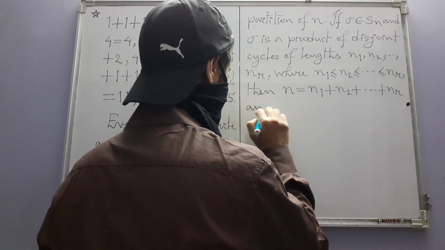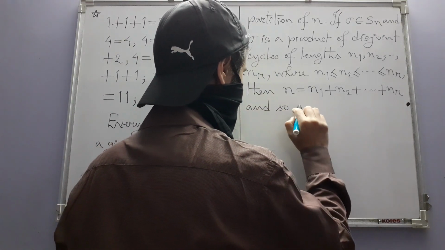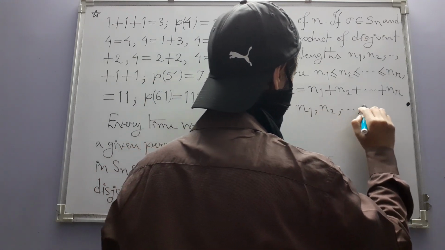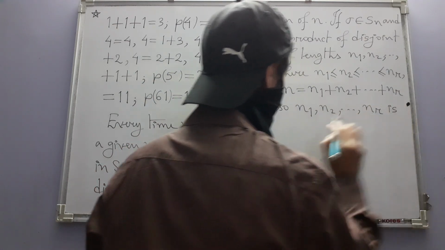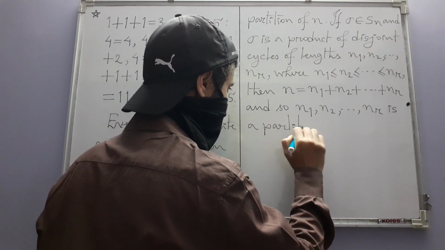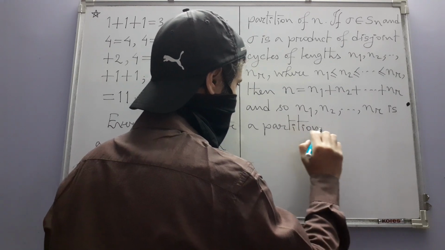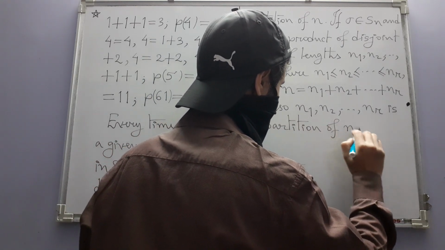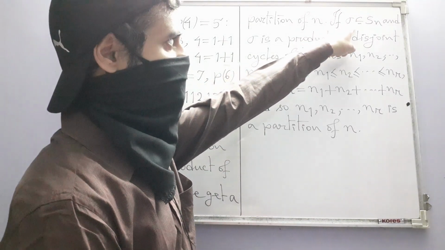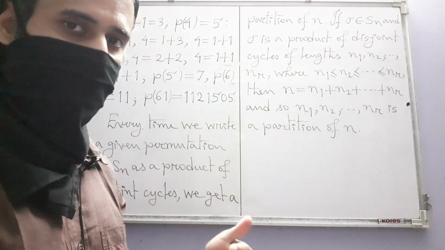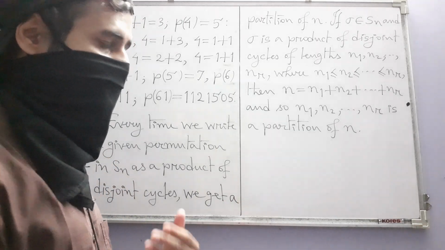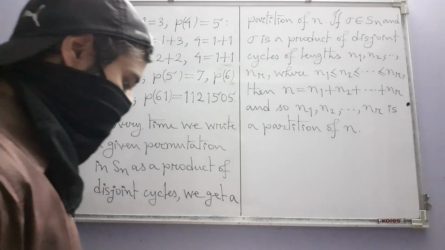And so this is a partition of n. So the moment we see a permutation in Sn and write it as a product of disjoint cycles, that gives us a partition of n.